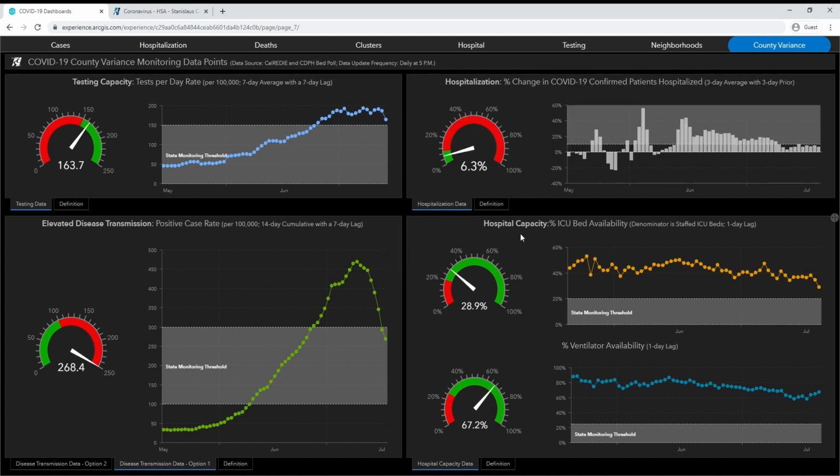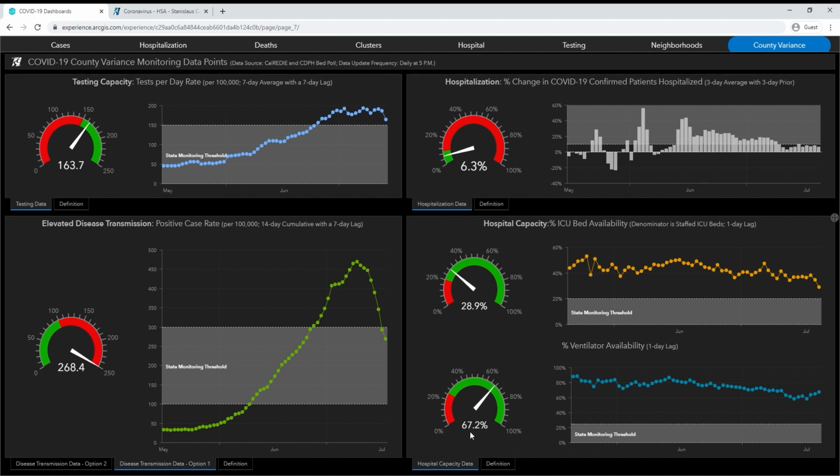The fourth section on the county variance tab is hospitalization capacity. This looks at the percent of ICU bed availability as reported by the hospitals. The state threshold is set at 20% for percent of ICU bed availability. Here we are listed as 28.9% ICU bed availability, and so are above the state monitoring threshold. The second area we look at when evaluating hospital capacity is the percent of ventilators available as reported by the hospital. The state threshold is set at 25%.